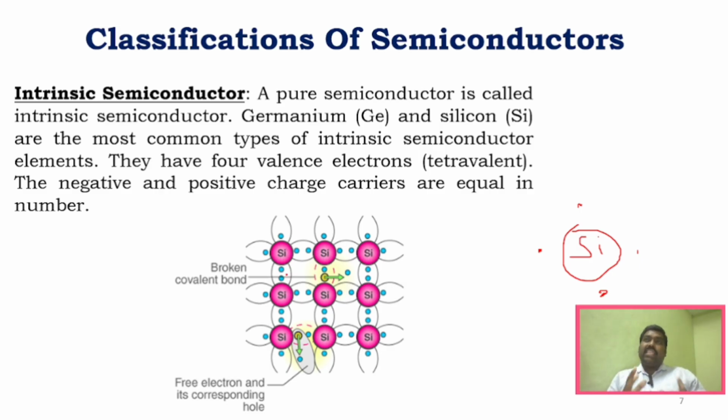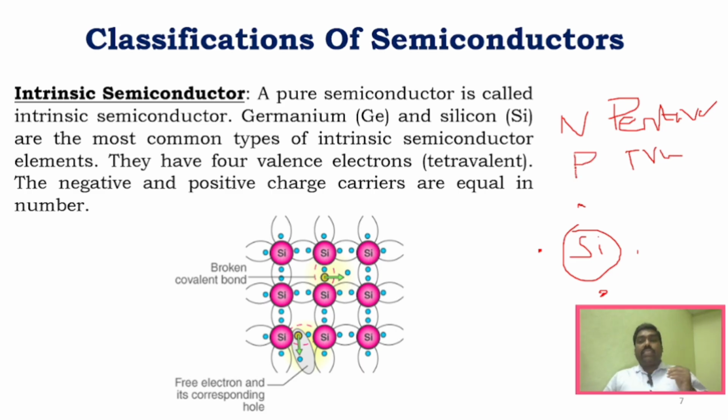This is the crystal lattice structure of silicon, and every silicon atom has 4 valence electrons. Now, if you add impurities to this purest form of silicon, it becomes an extrinsic semiconductor. Depending upon the impurity, for example, if you add a pentavalent impurity, it will become an N-type semiconductor, and if you add a trivalent impurity, it will become a P-type semiconductor, right?